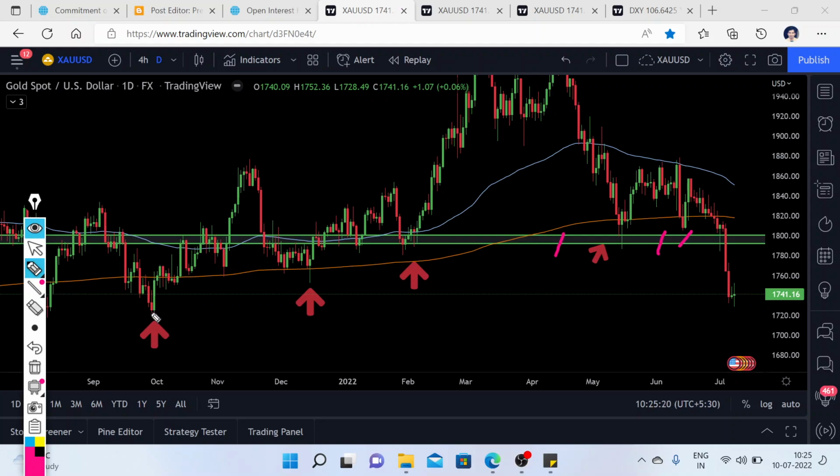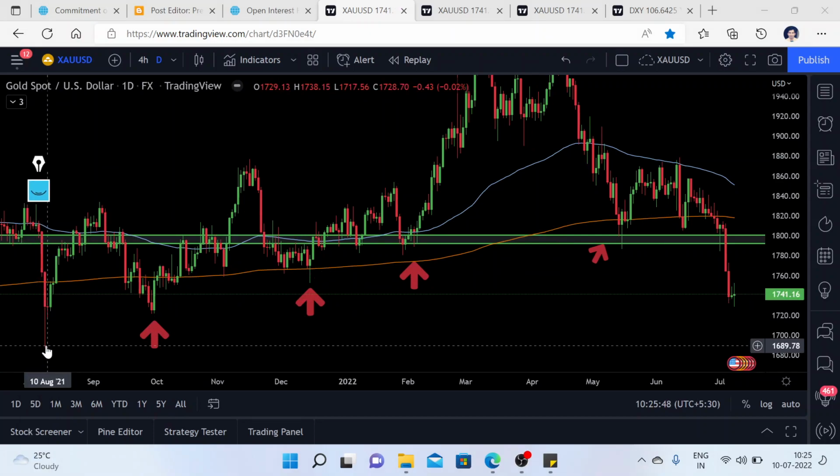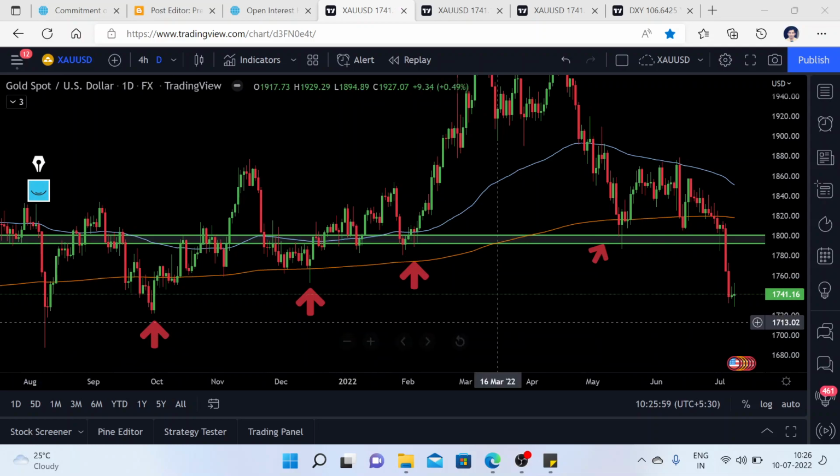You can see from these arrows that gold was continuously trading with higher highs, but now this sequence has finally ended. From the current price movement and price action, from this level to the lower level, we can clearly see that the price level of 1687 is the next bearish price target, and this is clear in the picture.